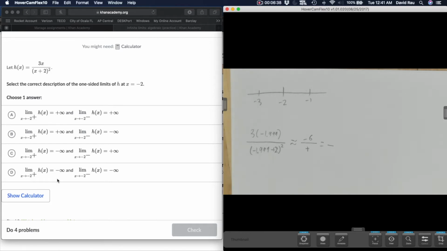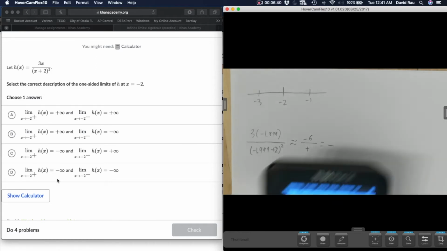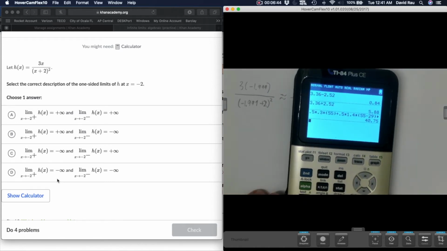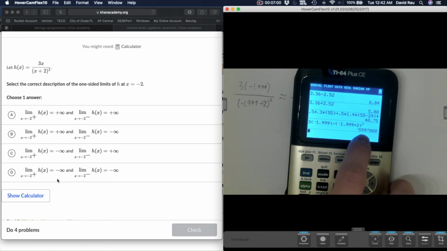Now, just to make this a little bit more clear if you're kind of lost at what's going on, let me just use the calculator to show you precisely what's going on here. If I do this divided by parentheses, I get a really, really big negative number.